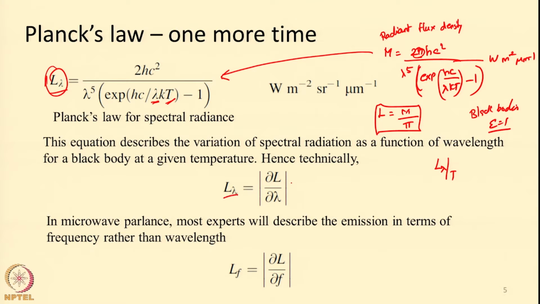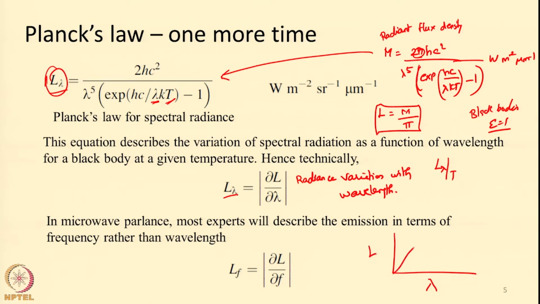Hence this equation L lambda will tell us how radiance varies with wavelength. What I mean is, this will be the curve, this will be lambda, this will be the radiance.